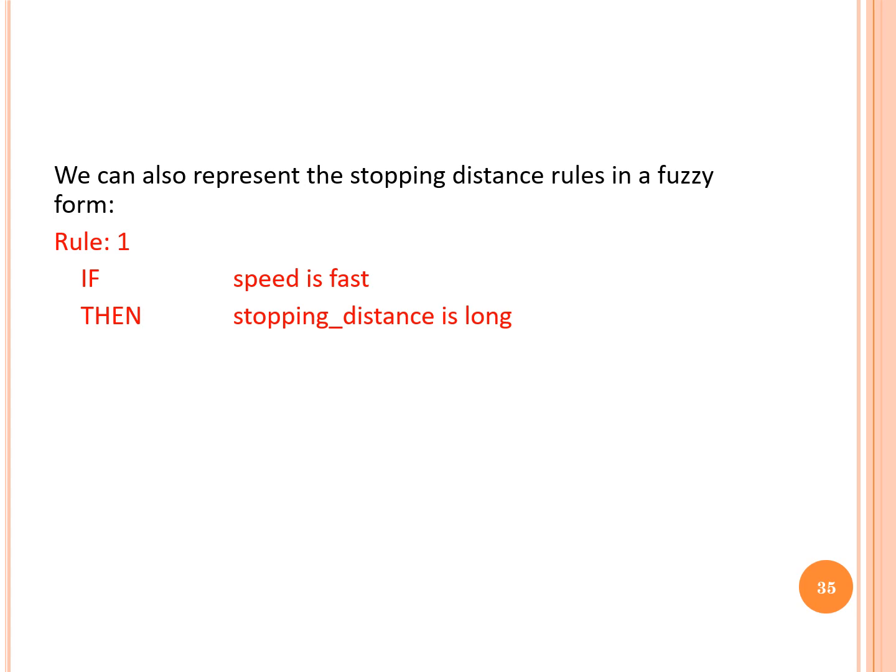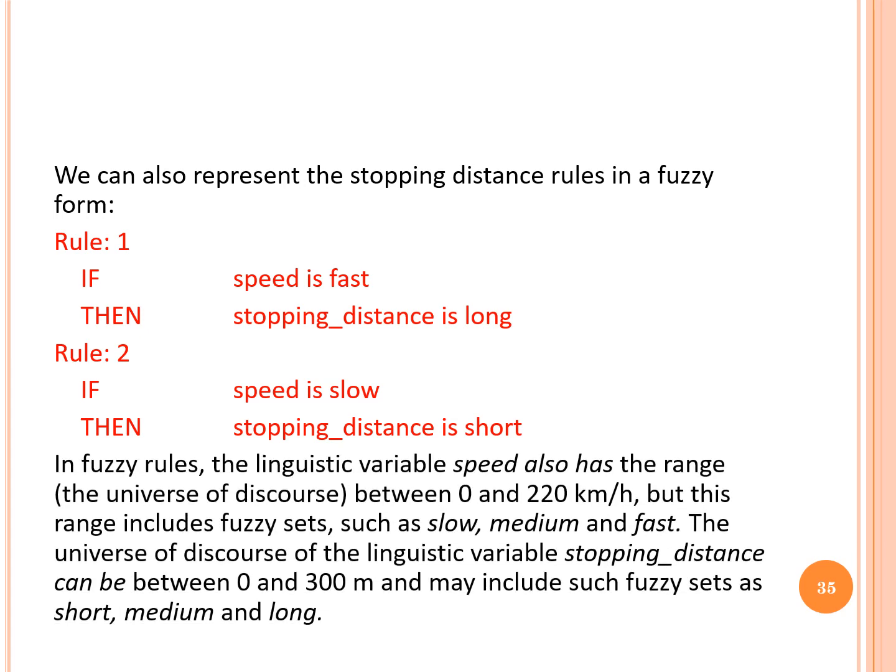Compare the numbers of the classical rules with the values of the fuzzy rules. If the speed is slow, then the stopping distance is short.